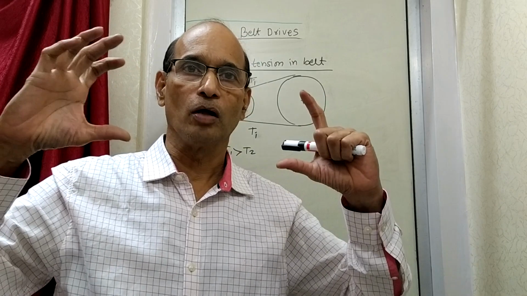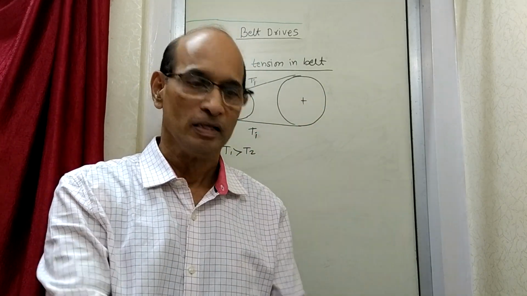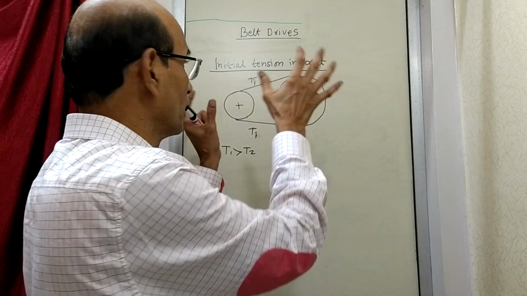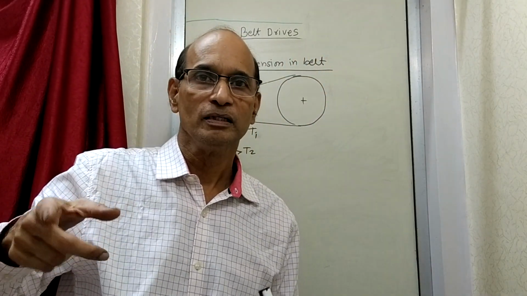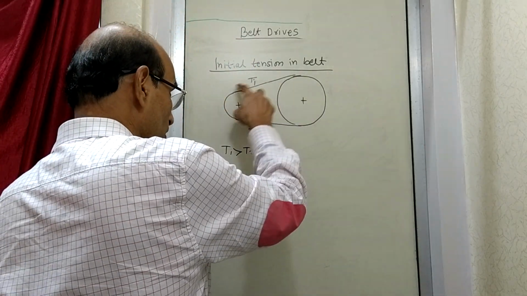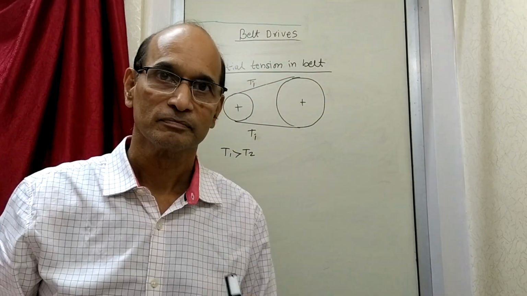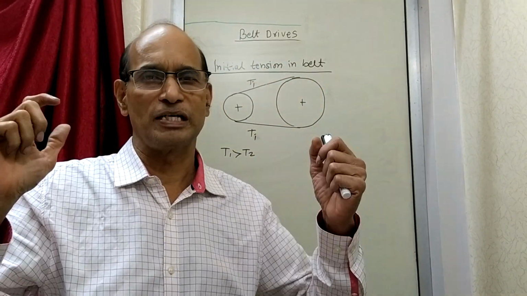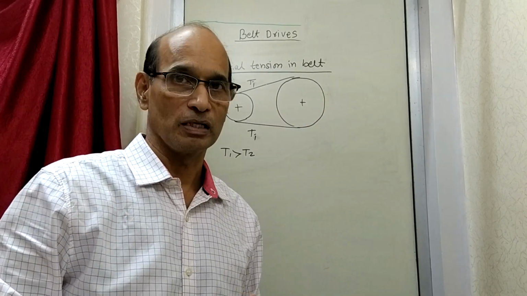If you put it on the pulley without any stretching, in the same condition as it was on the table, then what will happen? It will not work. Even if the pulley starts rotating, it will not carry the belt along with it, because the friction is not developed, because the belt is in that condition as it is. So it needs to be slightly stretched. Once it is slightly stretched, then it produces the necessary friction.